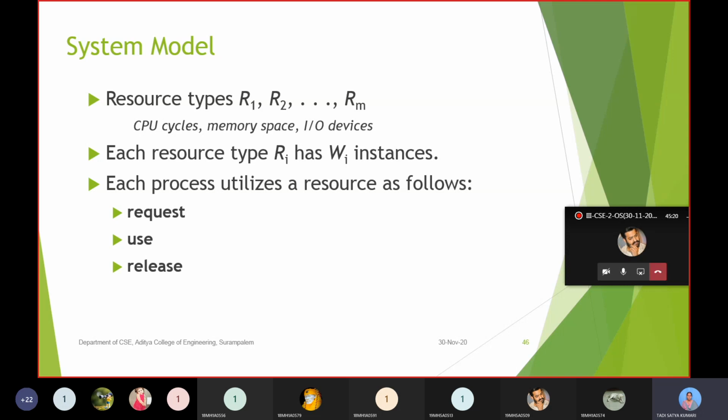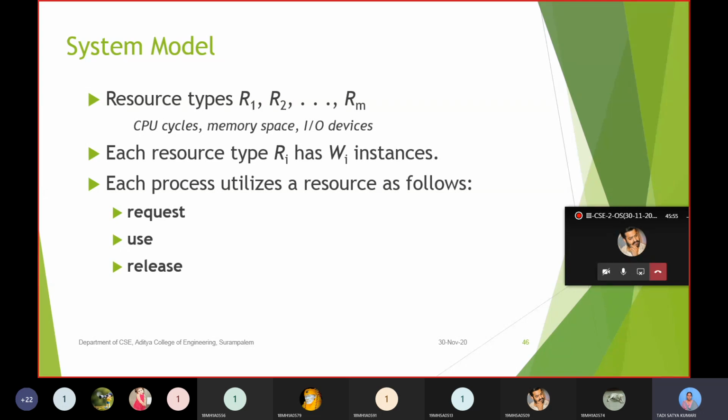Whatever resources are available in a computer, each resource will generally be used by the process in a sequence. For example, CPU is a resource type, and a process wants to use this resource.